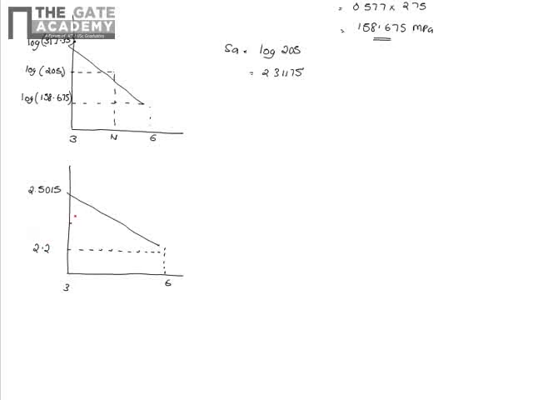The in-between point is log of 205, that is 2.31175.